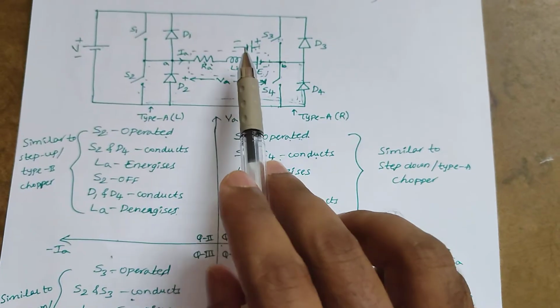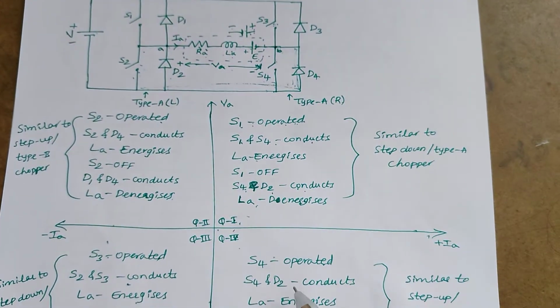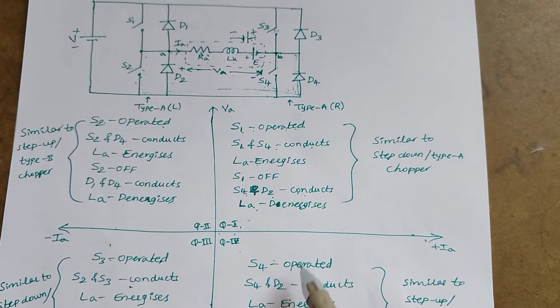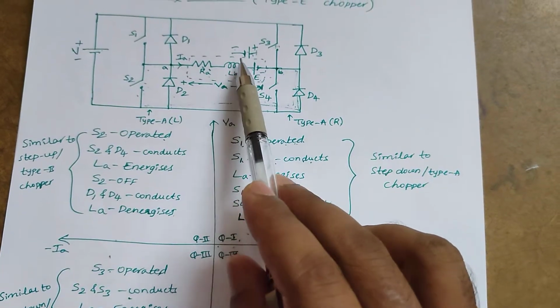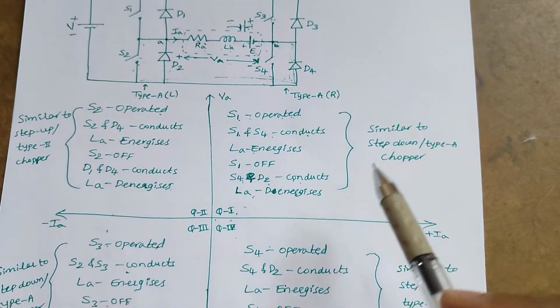So now in quadrant 4, to get the braking operation, the load will act like a source with the back EMF.